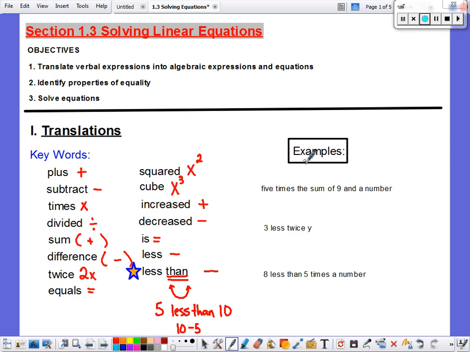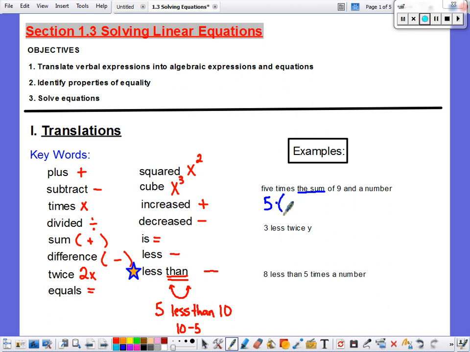If you look at our examples over here, we have the first one, 5 times the sum of 9 and a number. And we talked about that. First off, just identify 5. Obviously, it's 5. Times, we're multiplying, so I'll put a dot there, or you can put an X if you want, but I'll put a dot for multiplication. And then notice it says the sum. Okay, so notice that what that is we're multiplying 5 times what?